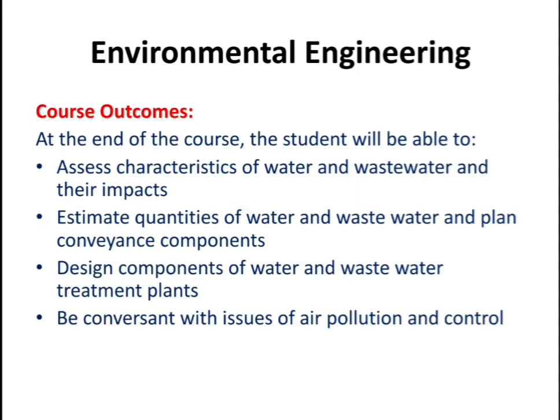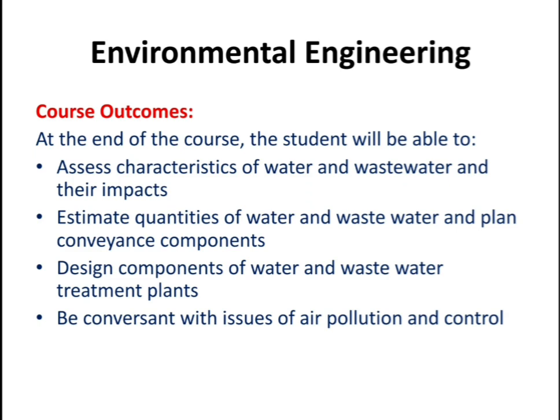Course outcomes. An outcome is nothing but what the student will be able to do at the end of the course. You can see that at the end of the course the student will be able to assess the characteristics of water and wastewater and their impacts, estimate quantities of water and wastewater, and plan conveyance components.